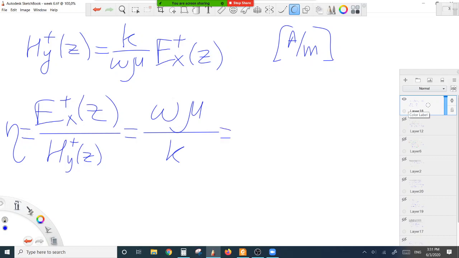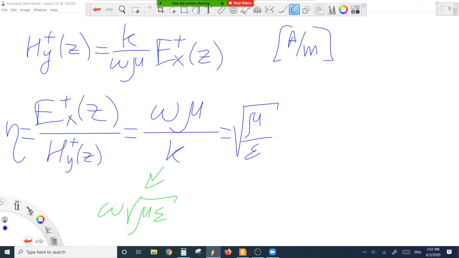Okay, if we substitute k with omega square root of mu epsilon, we get eta equal to the square root of mu over epsilon. What is the unit of measurement of eta?